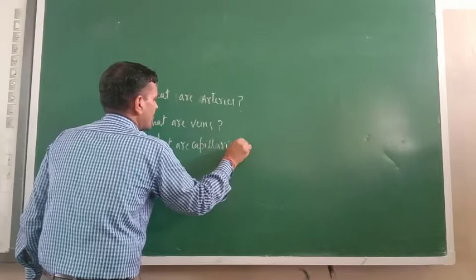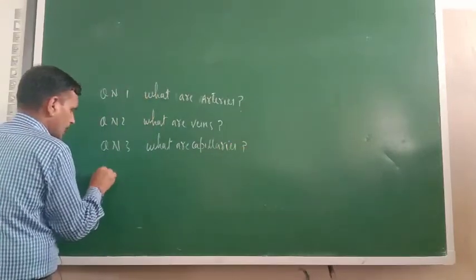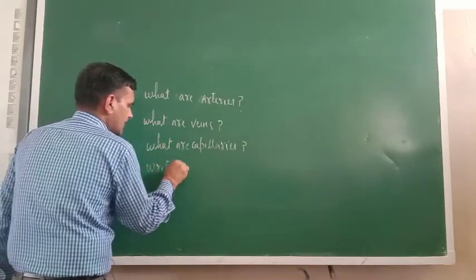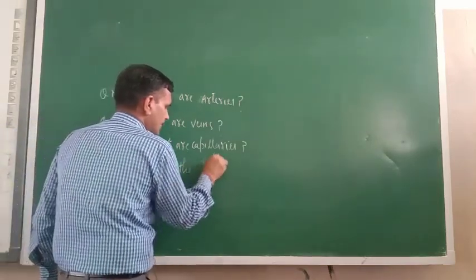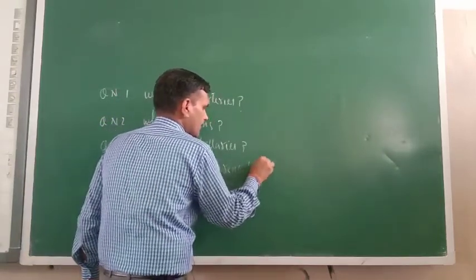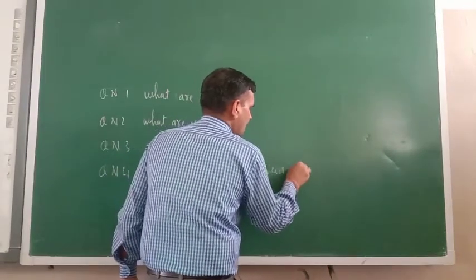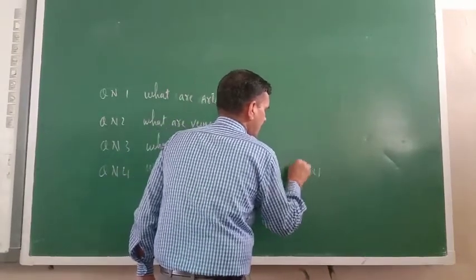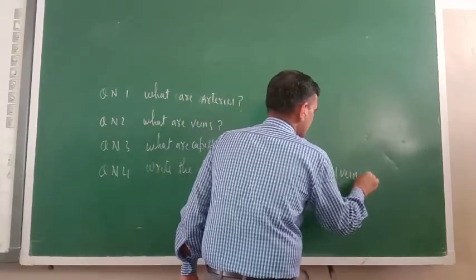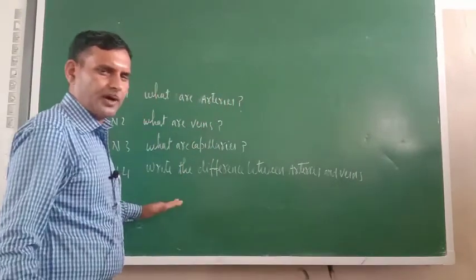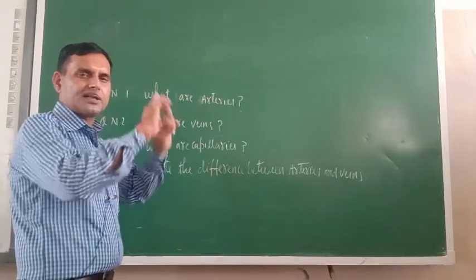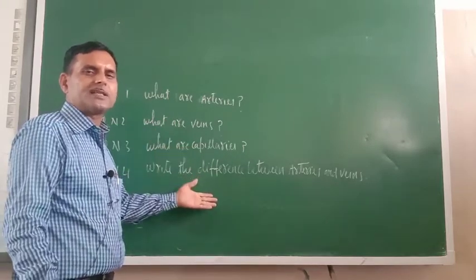Question number 4 also, just write: write the difference between arteries and veins. Whatever point by point you have written, the characteristics of arteries and veins, just summarize them in tabular form. Your difference is ready.